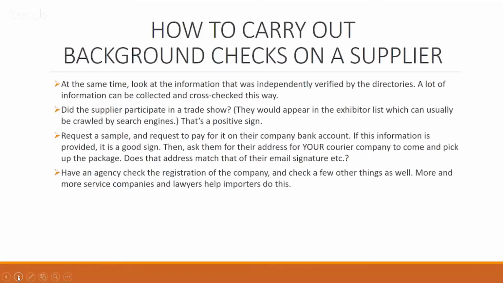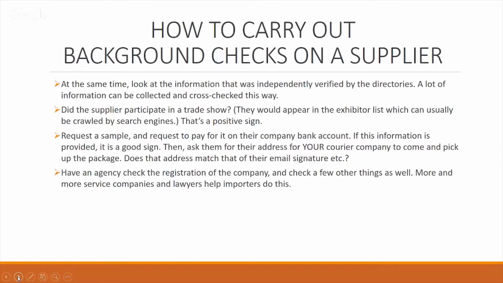What you're doing there is asking for their address so you can send in an independent courier company to go and pick up your sample. That way, you can check that the address they've given you matches the email signature and everything else that you've already done. In other words, a cross-reference check on some of these business-to-business directories, and make sure everything tallies up.